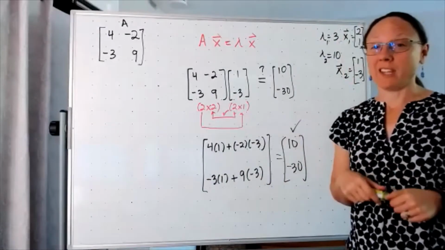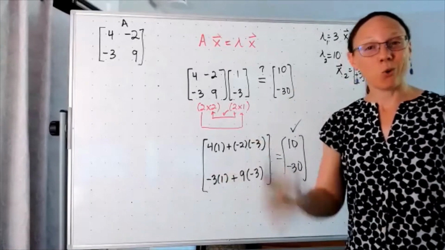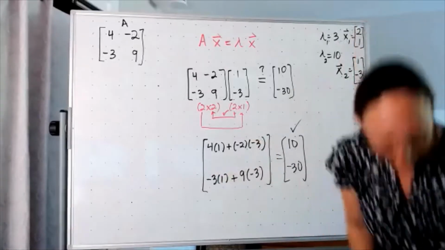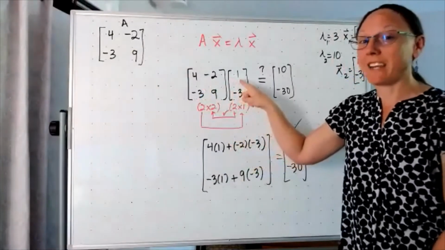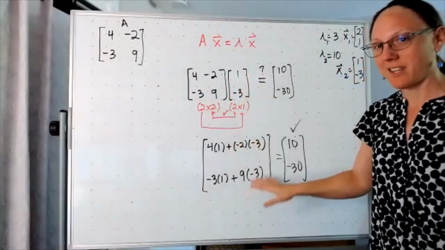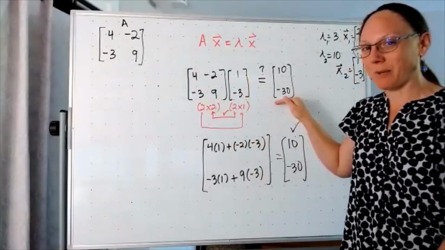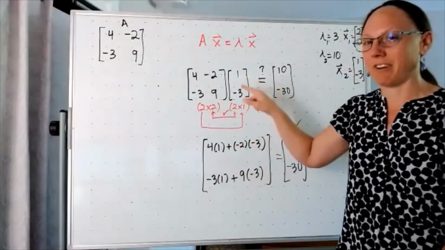Now, I know that wasn't really that exciting. We just practiced the matrix multiplication. But what's cool about it is if I take this matrix times this very special vector, I didn't have to do any of this. I already knew what the answer would be. I already knew that the answer was going to be 10 times that very special vector.